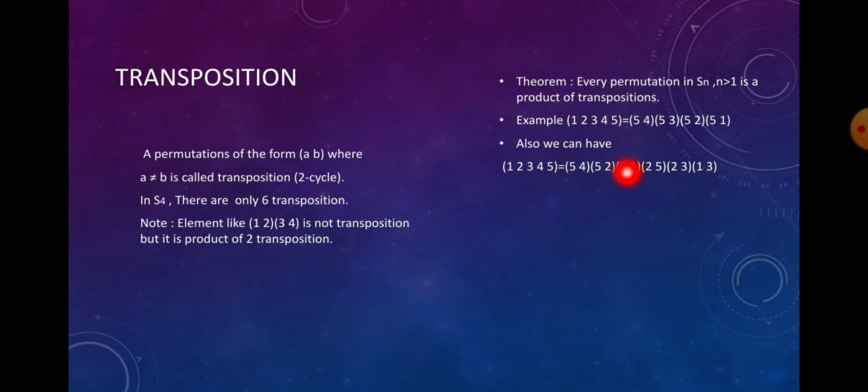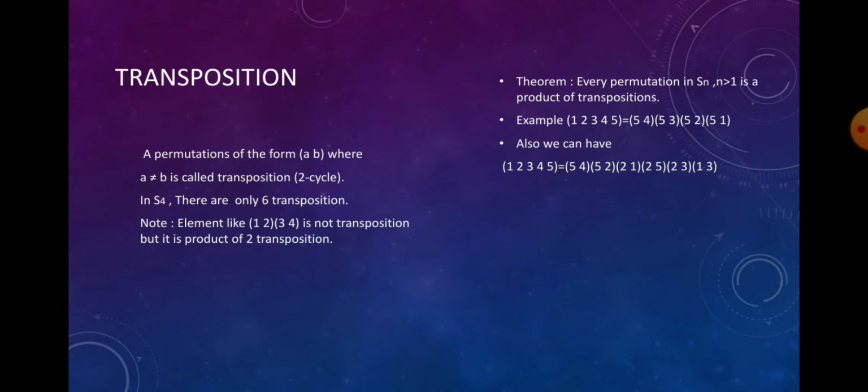But we observe here, in the first representation we required 6 transpositions, whereas in the second representation we also required 6 transpositions. So this is something which our next theorem states clearly.